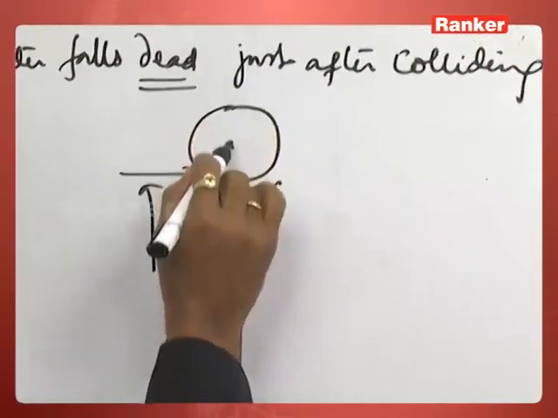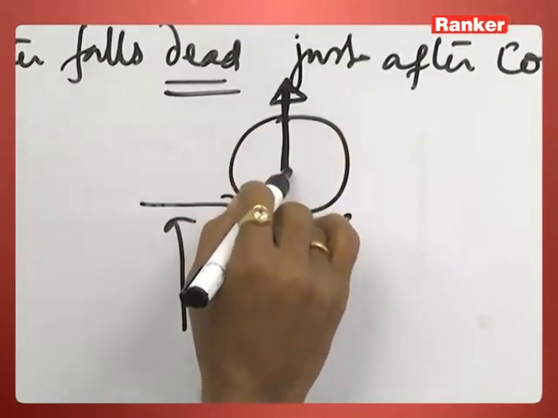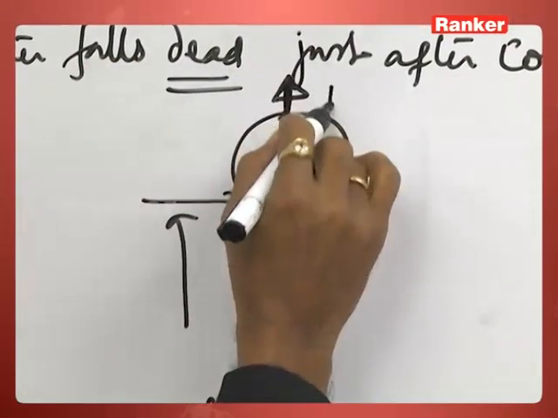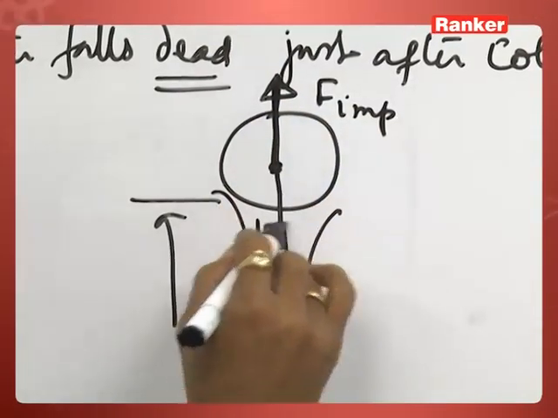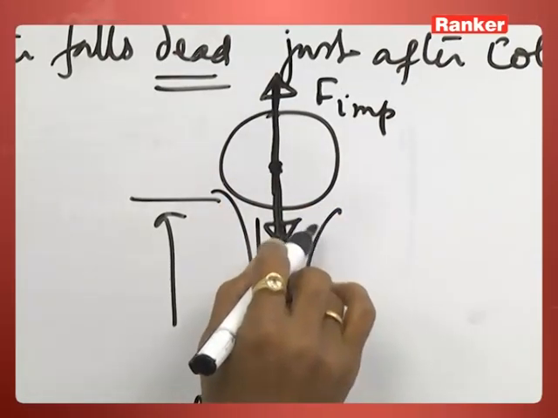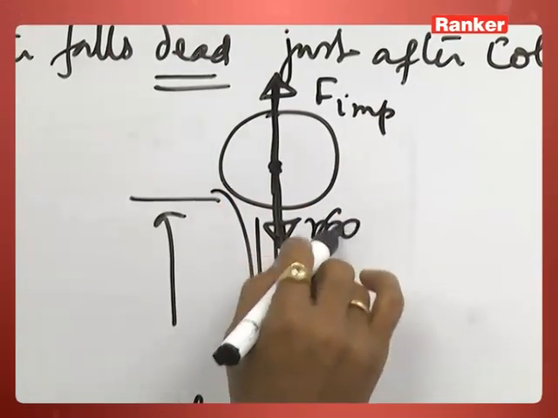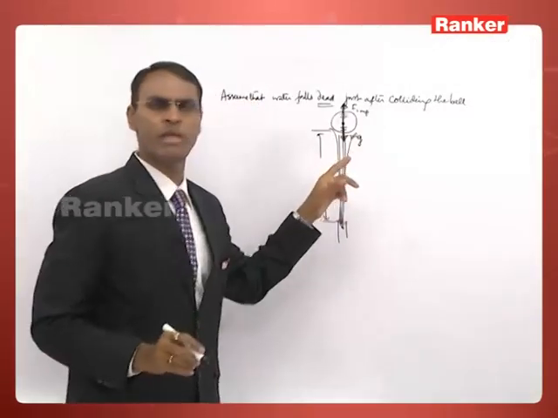The ball will experience an upward impact force which will nullify the downward gravitational force. These two forces will be equal and opposite.